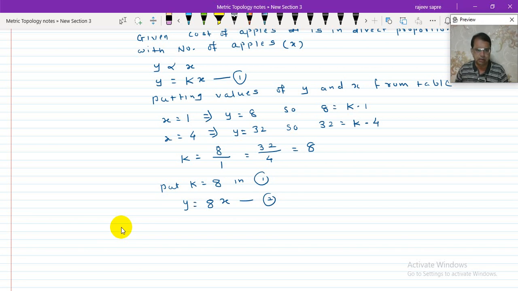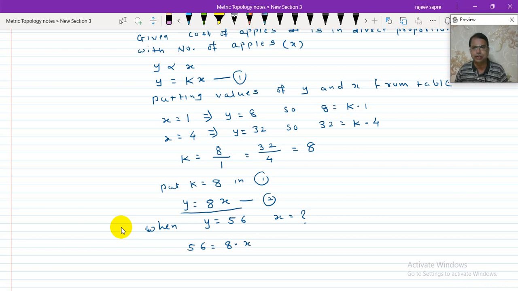So when y is 56, what is x, that is to be calculated. Now put these two values in equation 2. y is equal to 8x मध्ये ते टाका. हे आता आपला रेफरन्स इक्वेशन जाणार. मग काय होईल बघा, 56 इज इक्वल टू 8 into x.